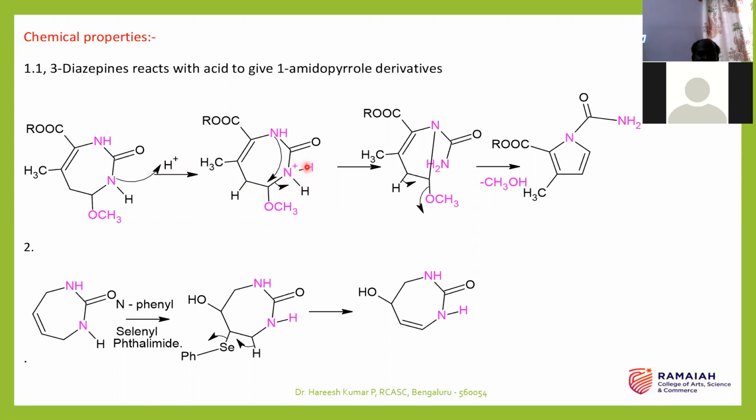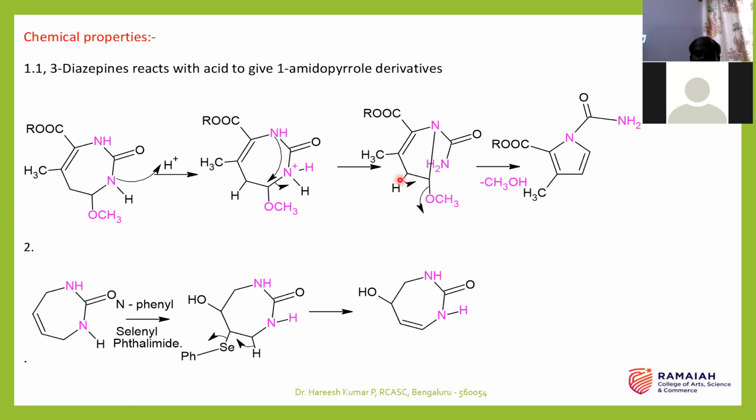Once the protonated amine forms, this bond weakens. When this bond pair moves towards the nitrogen to become a lone pair, the lone pair present on the other nitrogen attacks this carbon, forming a new bond between the nitrogen and the carbon. Then there will be a removal of methanol.